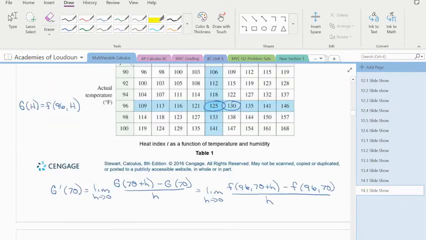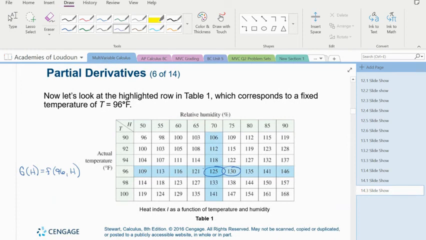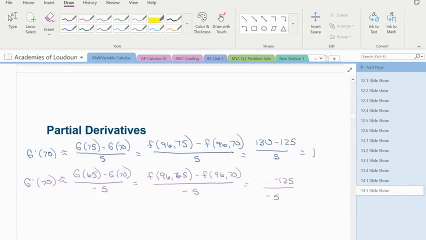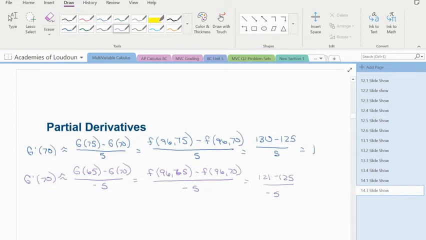We scroll up and we find that f of 96, 65 is 121. So 121 minus 125 over negative 5, and we have 0.8.